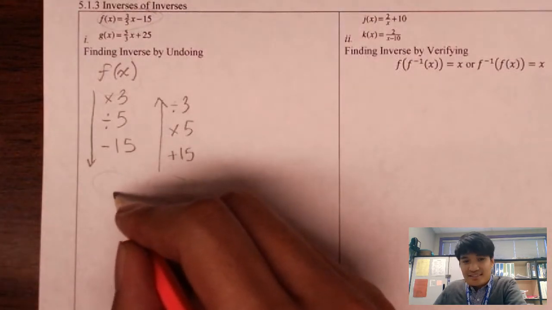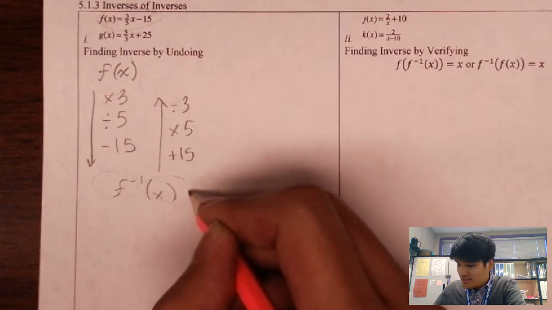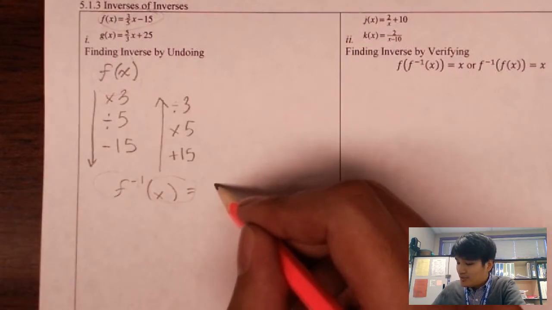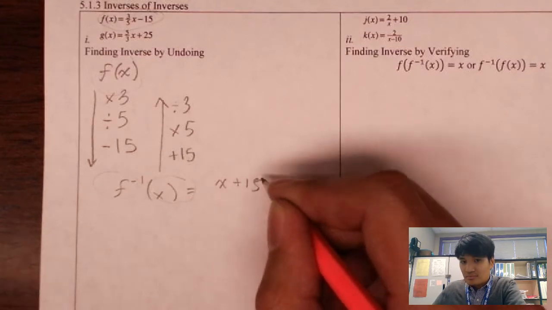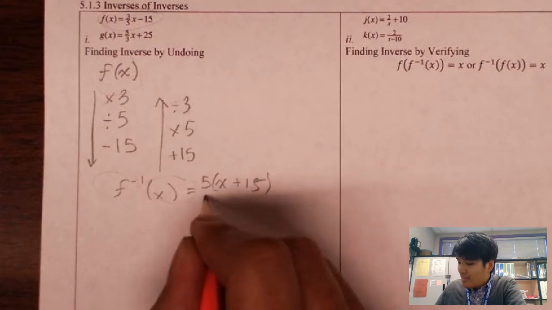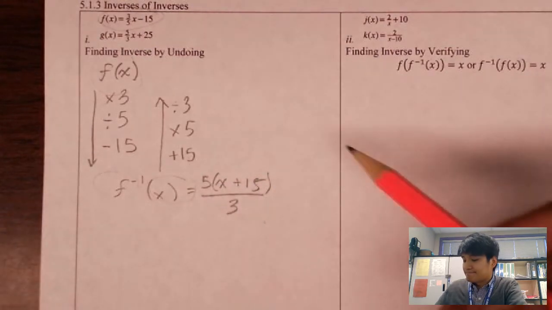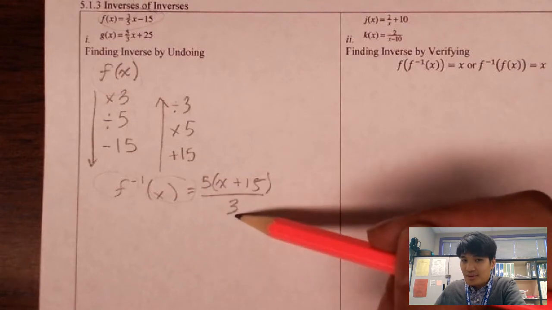So our inverse f inverse of x looks like this: we have our x, add 15 first, multiply by 5, and then divide by 3.